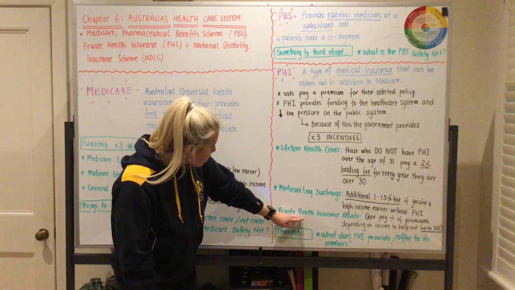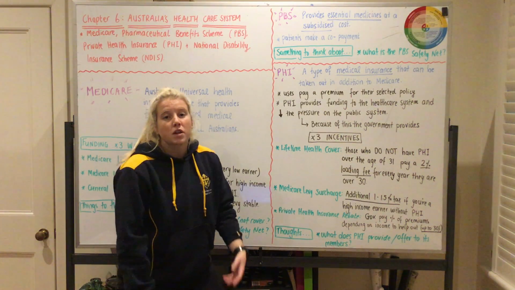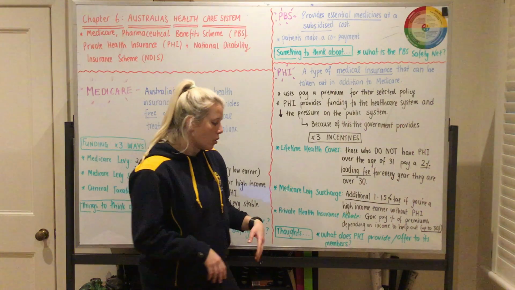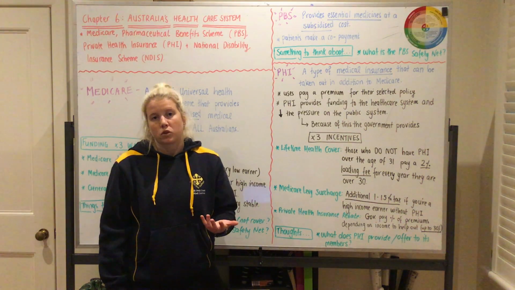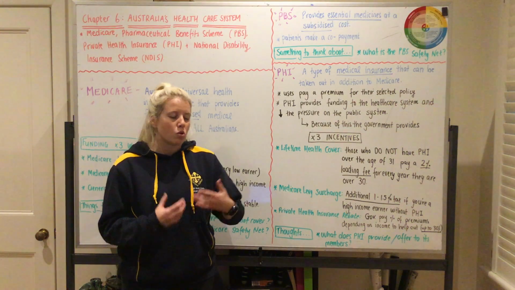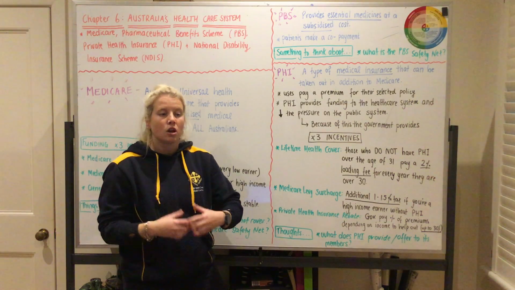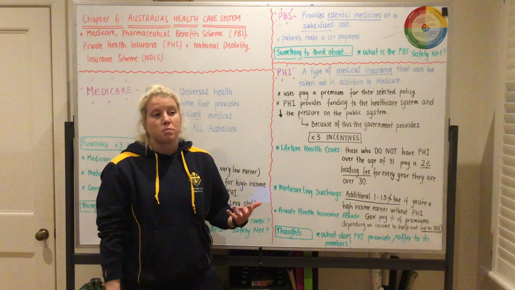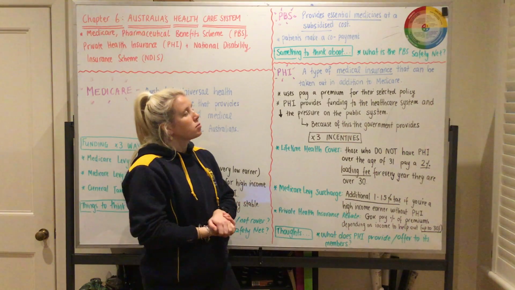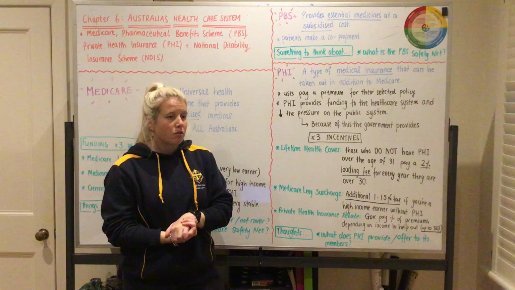And the last one is private health insurance rebate. So the government thinks, hey, good job for taking out private health insurance. We're going to help you out. So those monthly premiums or that yearly premium that you pay to take out private health insurance, we're going to pay a percentage of it. And it's up to 30%. So I think I looked before, I get 26% back from the government.